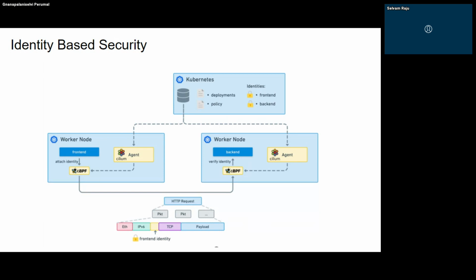That gives a unique identity that is used in Cilium for grouping and also for identifying resources, with which service we can tag. For that we are using the label.